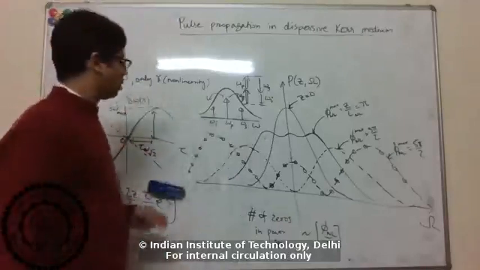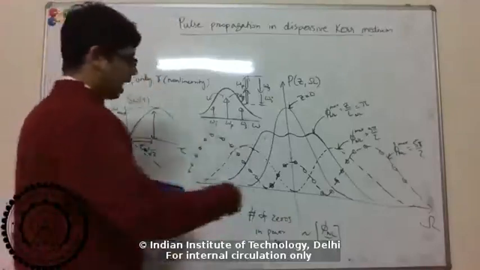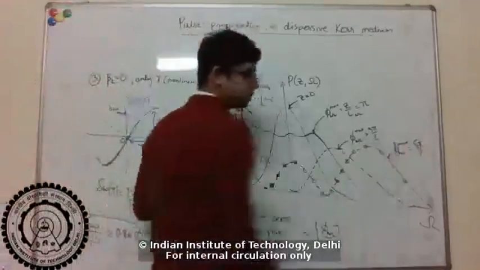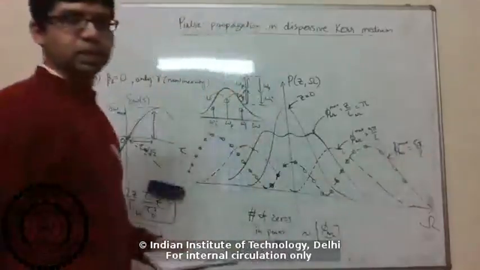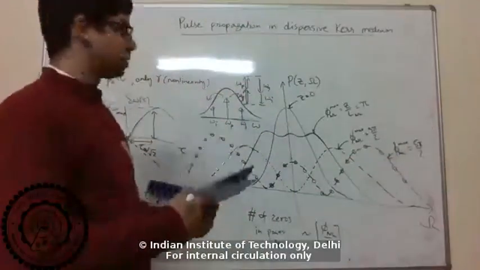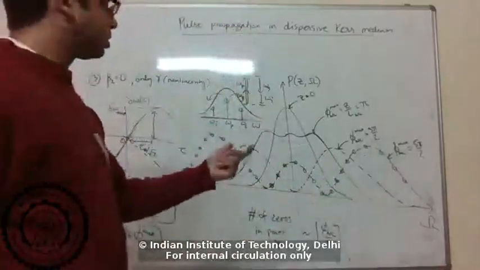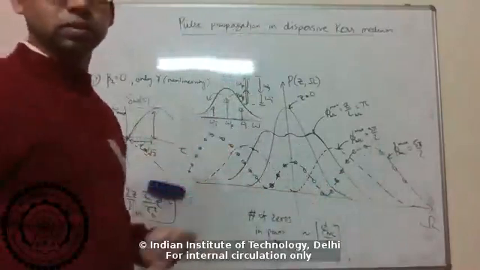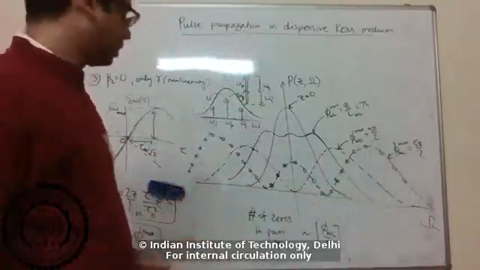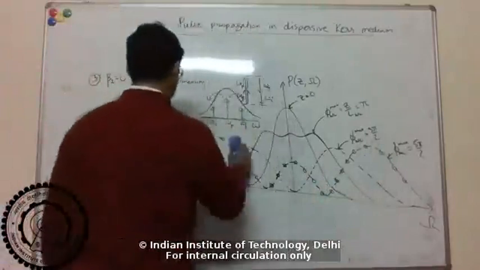If you cancel them out, then after you first go through a nonlinear stage where you broaden the spectrum, you go through an anomalous dispersion stage where you cancel out the chirp, which compresses the pulse. At the output, you are getting a pulse which is much shorter than your input pulse. So you can do pulse compression using this.